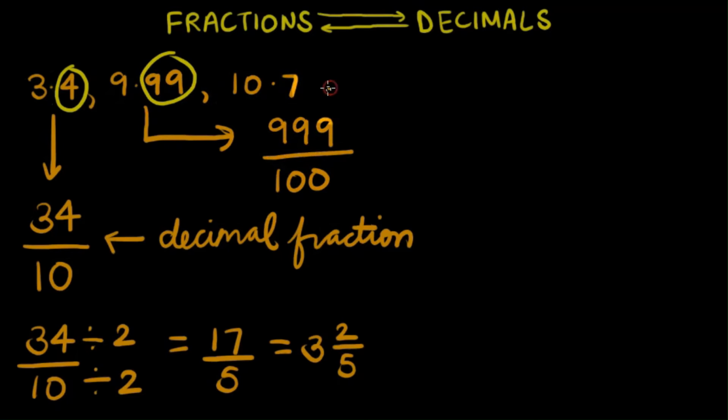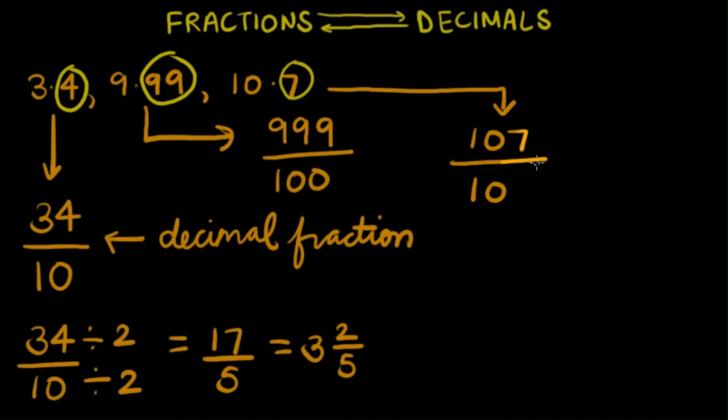The last one is 10.7. Without the decimal point, it will be 107, and there is 1 digit after the decimal point, so there will be one 0 after 1. So this will get us 107 upon 10.